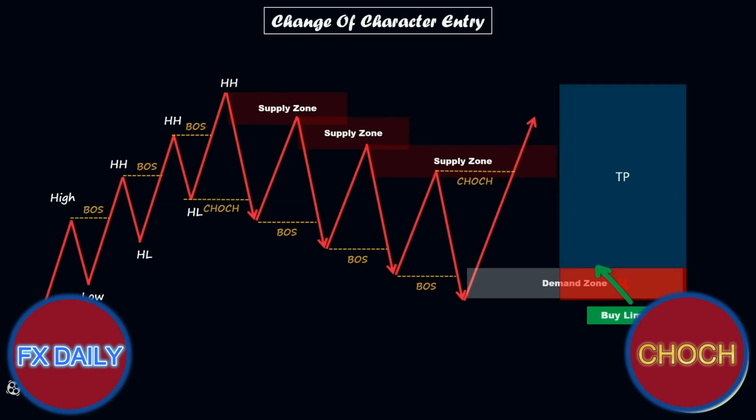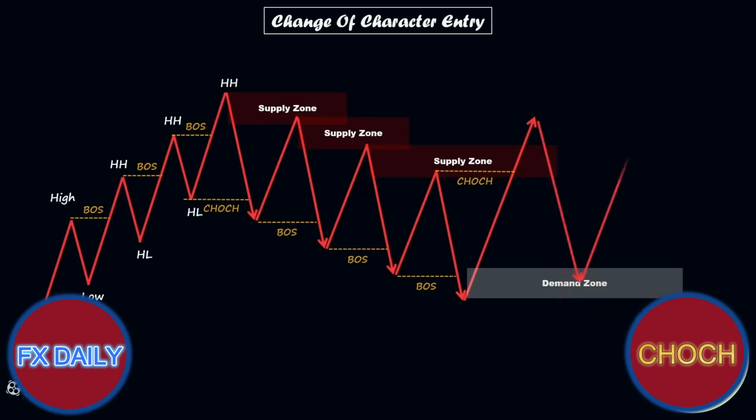This expectation is confirmed by the previous change of character to bullish, which indicates a change in the direction of the market structure. So, in this situation, the price has a very good opportunity to correct to the zone of the new move we made, activate our pending buy order, and then continue with its bullish trend.